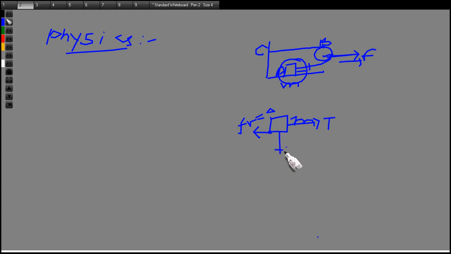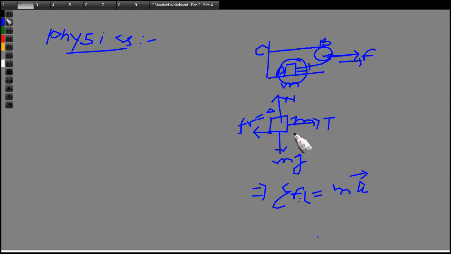Okay, there is an mg force downward and there is a normal force upward. According to Newton's second law, sum of F in x equals mass into acceleration.